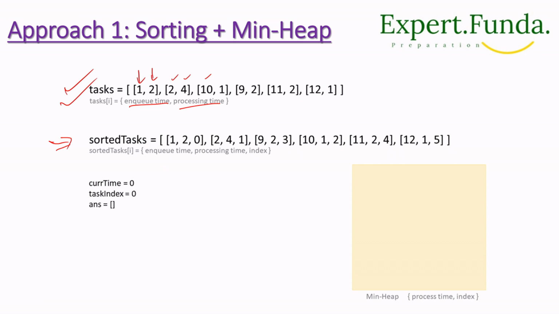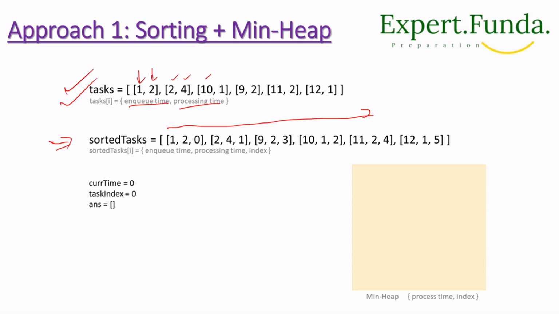So from the list, what we can do? We will select the task with the shortest processing time, so we can think of sorting all the available tasks in increasing order of their processing time.